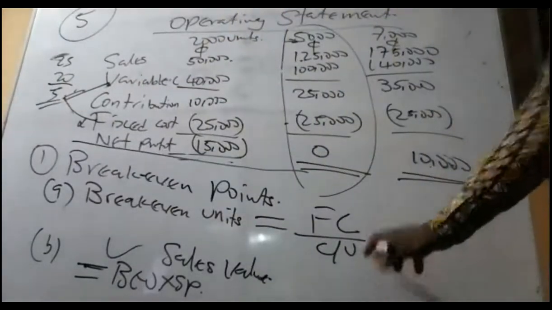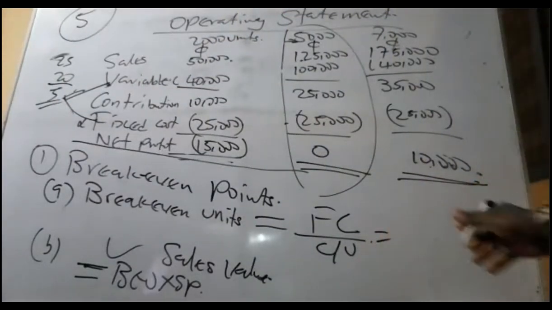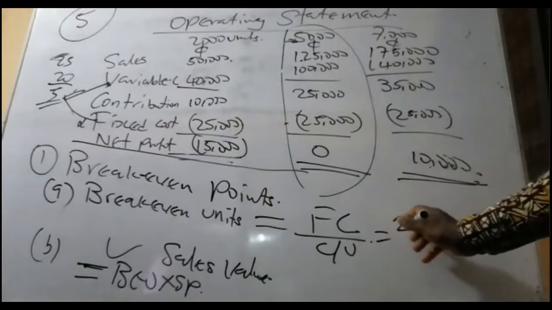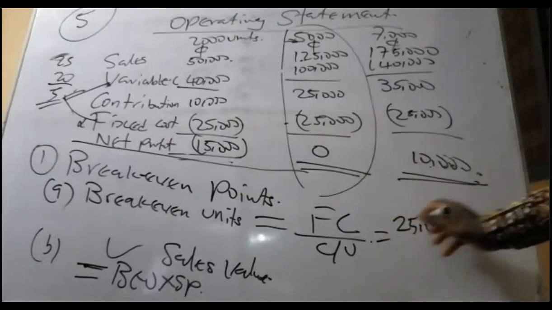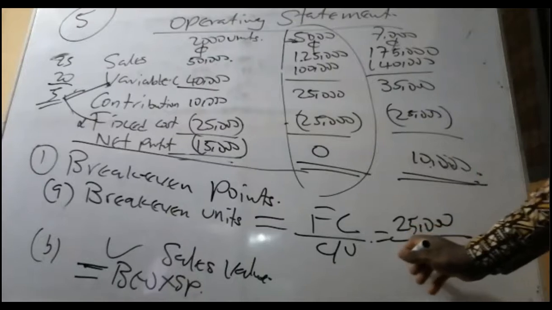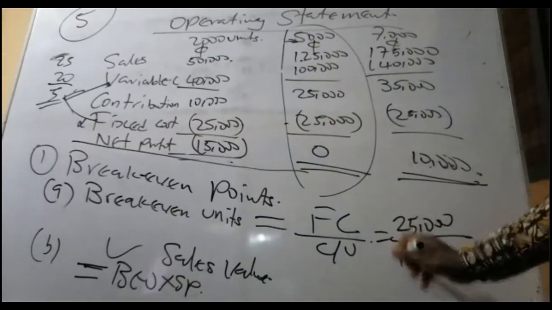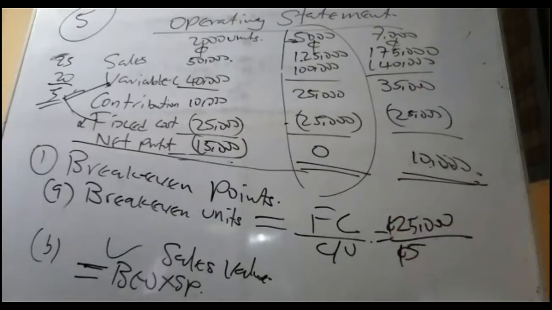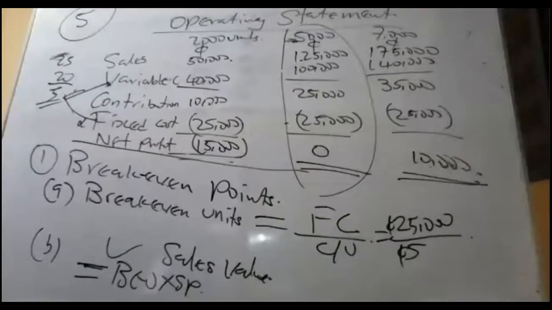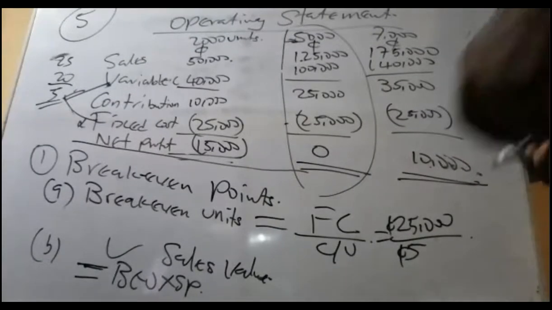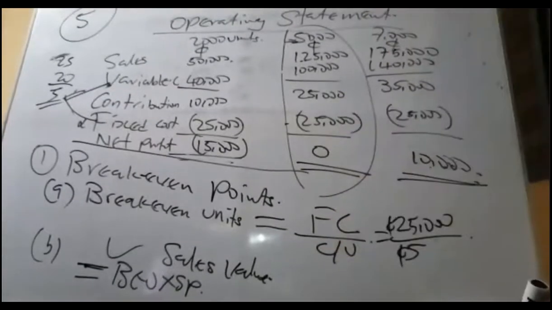So the break-even unit is equal to 25,000 divided by 5 Ghana cedis. If I divide this, that gives us 5,000. So the answer is 5,000 units.